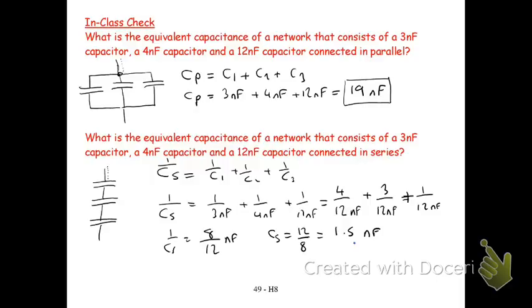It got smaller. And it's smaller than any of the original ones. The 3 is the smallest. It's smaller than the 3. If you do this and you get a value which is in between the ones that are in series, you made a mistake. It's got to be smaller than any in that combination.